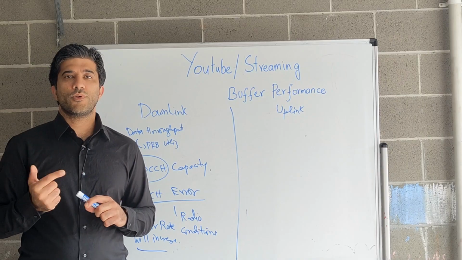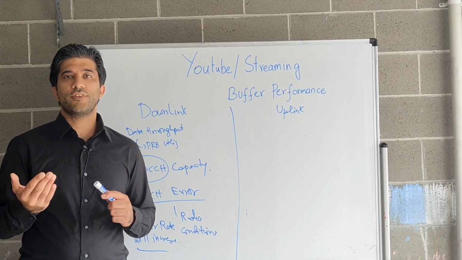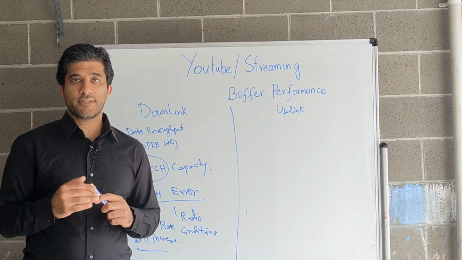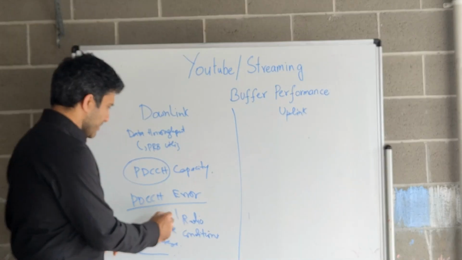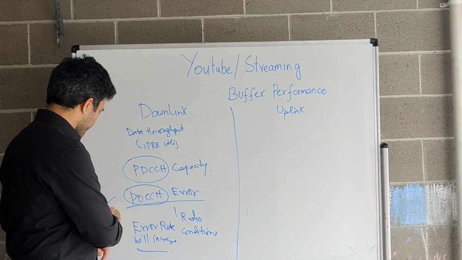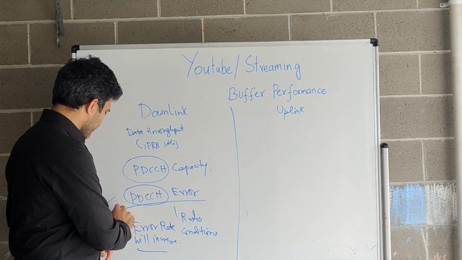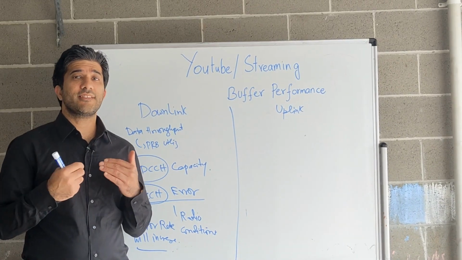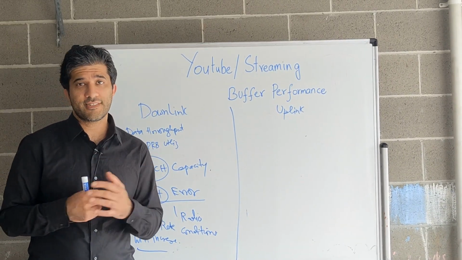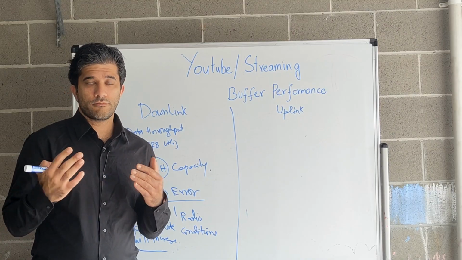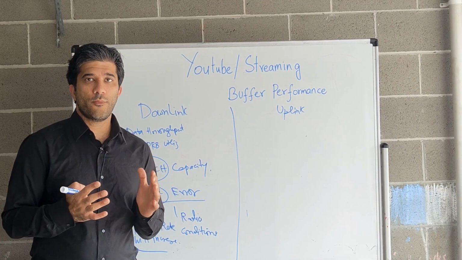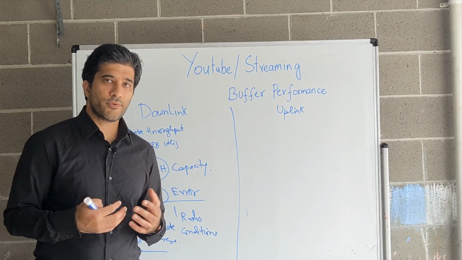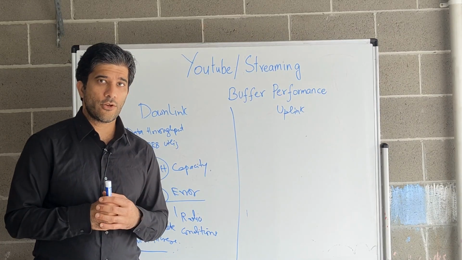So in this case, we either need to improve the radio performance so that your PDCCH error rate reduces, or you can make your PDCCH more robust. However, the issue here is that if you make the PDCCH more robust, you might cause PDCCH congestion. So balancing this is very crucial when you are trying to improve the buffering performance in your network.